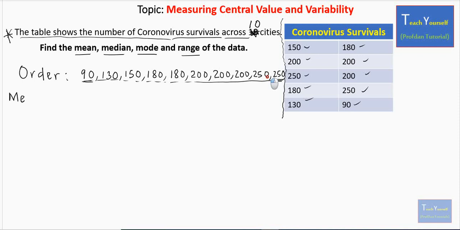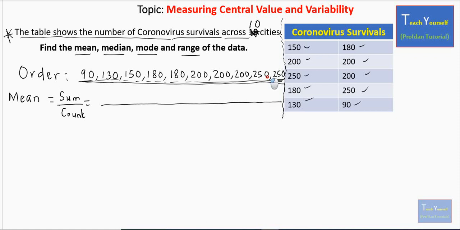We are looking for the average coronavirus survivors across these 10 cities, which is the mean. And how do you find the mean? Remember, it is sum over count. So that means we're going to add all these data values together, then divide by the count. We are sure that our count is 10, as we have 10 cases here. 1, 2, 3, 4, 5, 6, 7, 8, 9, 10.